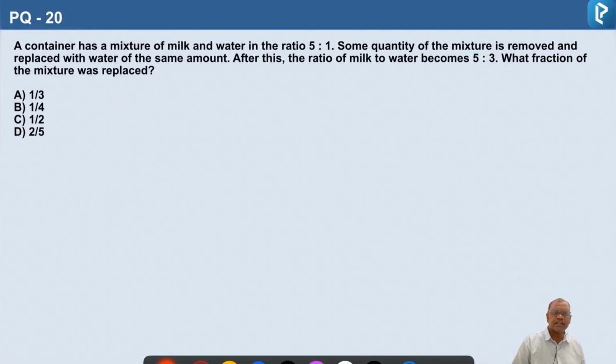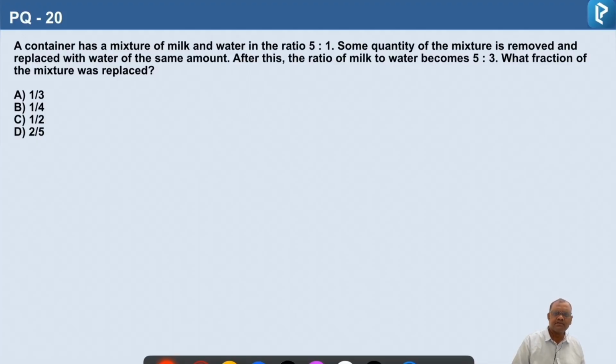Question number 20. A container has a mixture of milk and water in the ratio of 5 is to 1. Some quantity of the mixture is removed and replaced with water of the same amount. After this, the ratio of milk to water becomes 5 is to 3. So what fraction of the mixture was replaced?